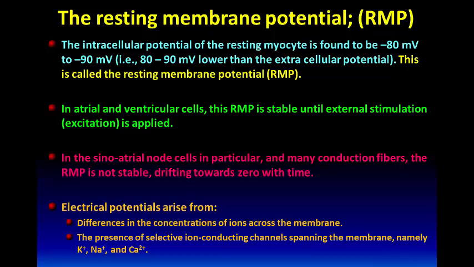The electrical potentials across the membrane arise as a result of differences in the concentrations of ions across the membrane and the presence of selective ion-conducting channels spanning the membrane, namely the potassium, sodium and calcium channels.